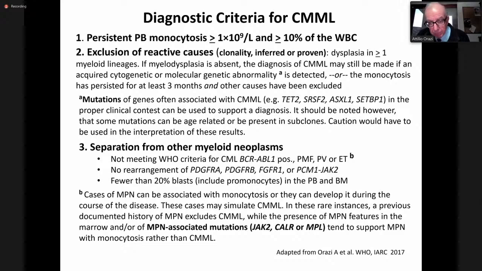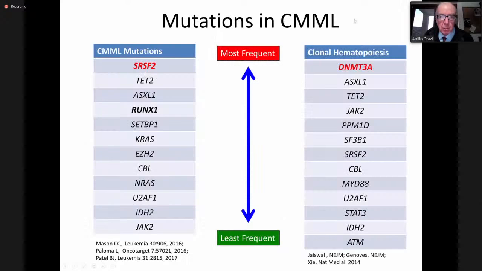If you find none of these, yes, it could still be a triple negative disease. So there are exceptions, but as a general rule, you can help yourself with the mutation. On the contrary, if you don't find any of those, and you find SRSF2, that's most likely CMML. Okay, so let's go over this mutation issue in some detail, because I think it's something that is important.